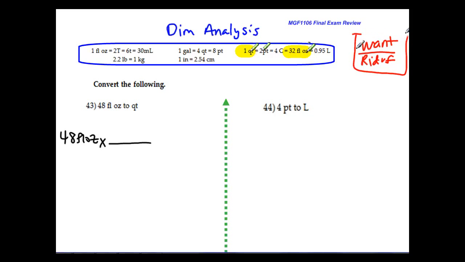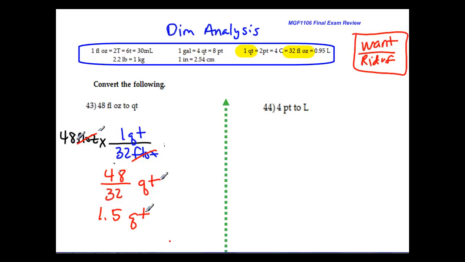This is where we need to be careful. We want the quarts, so the quarts go in the numerator. We want to get rid of the fluid ounces, so that goes in the denominator. Double check. These cancel. 48 times 1 is 48, divided by 32. The quarts are left. 48 divided by 32 in our calculator gives us 1.5 quarts.